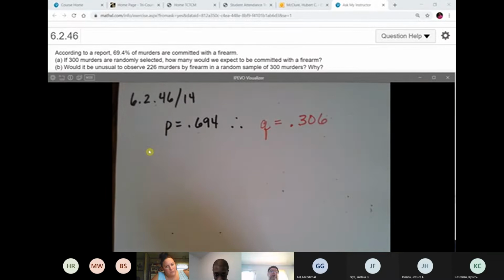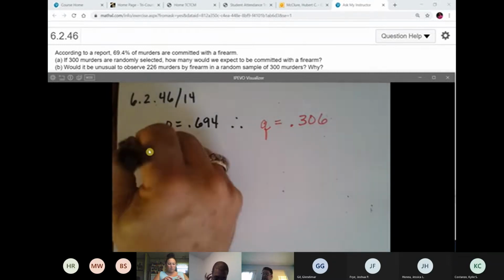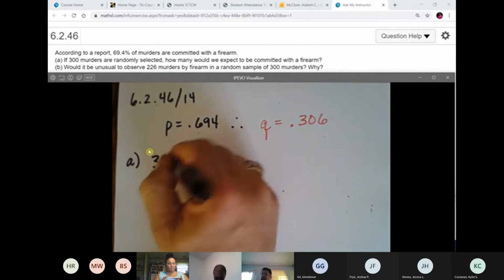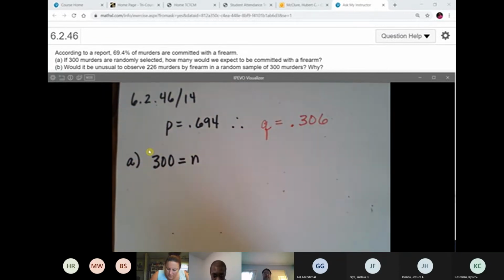According to a report, 69.4% of murders are committed by people using firearms. If 300 murders are reported, how many are committed with people using firearms?